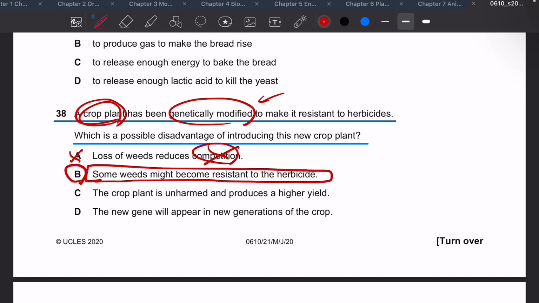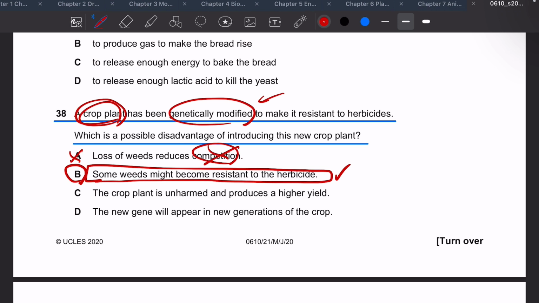Yes, this is the downside of it. Using too much herbicide can actually promote some resistance in weeds as well. If the weeds become resistant to herbicides, then it's going to be harder to kill them. So B is the right answer, but let's just go on.